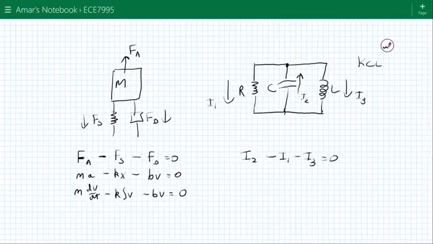For a capacitor, I is equal to C dV/dt, and V is the voltage at this node. Let me redraw that. It's looking messy.